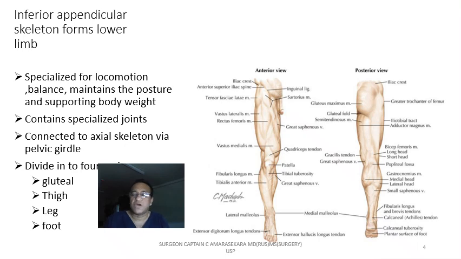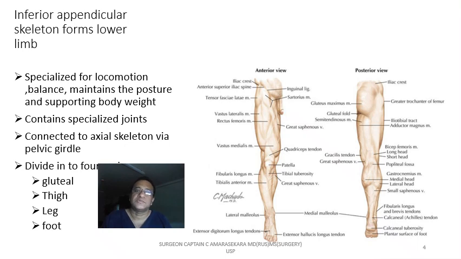Coming to the functional overview of the lower limb, it is specialized for locomotion, balance, and postural support. These functions are critical not only in daily movement but also in how we position patients during our radiotherapy planning.